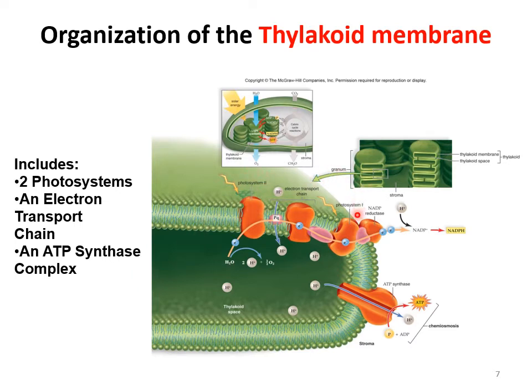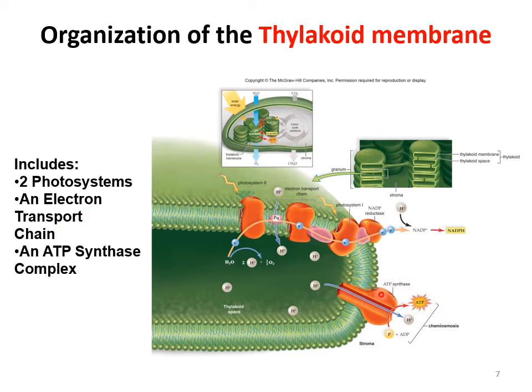You have photosystem 1, and connecting them, you have that transfer of electrons down an electron transport chain. You also have ATP synthase, which you saw in cellular respiration. And anytime you see ATP synthase, chemiosmosis, that's all tied to the electron transport chain.